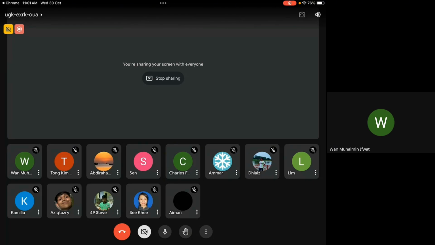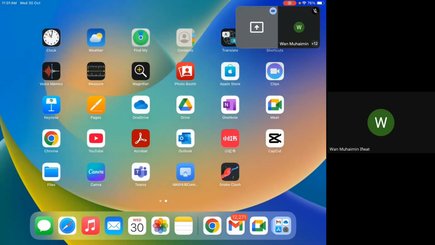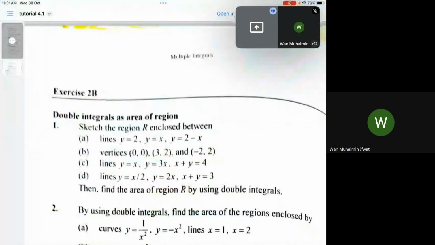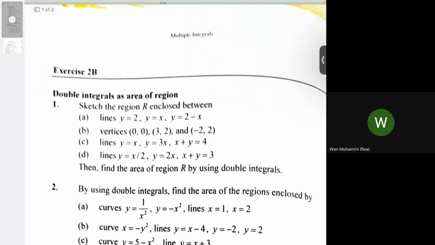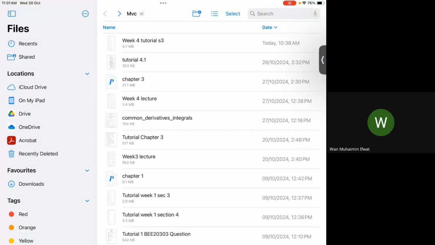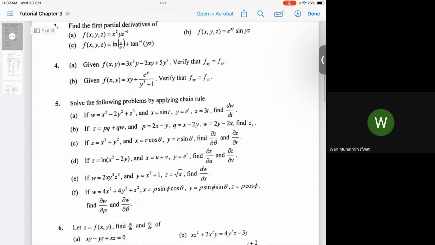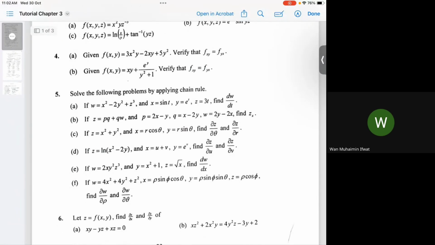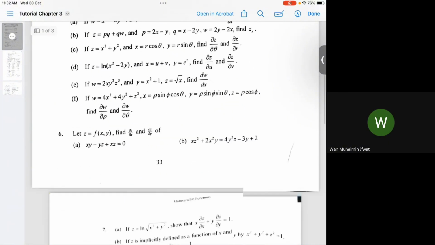All right, so now let's begin our tutorial section. Today we'll be trying exercises of tutorial chapter 3. In my lecture on Sunday, I talked about the chain rule and implicit differentiation, so we'll be trying this exercise today.